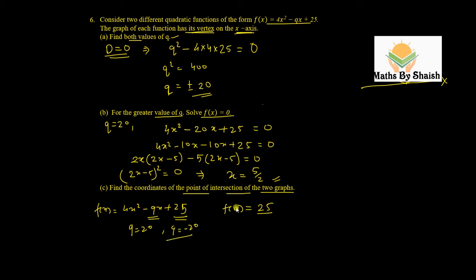Then we can say directly that these two graphs will meet at x is 0 and y is 25. They will meet at (0, 25). So let's discuss the next part.